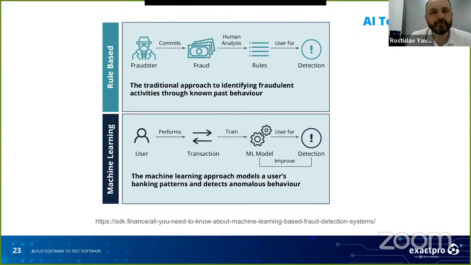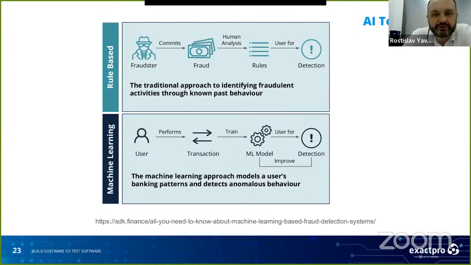The idea is quite simple. You have some fraudster who commits some fraud, then you have an analyst, a human, who analyzes this behavior and formulates some specific rules. And then the rules are used inside the bank or the organization to detect all this fraud.